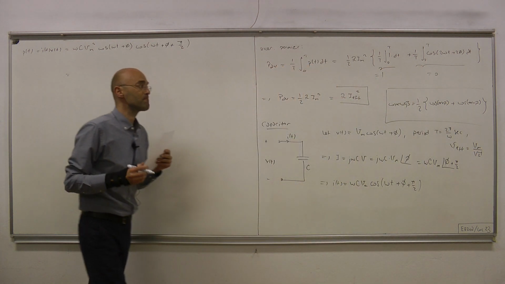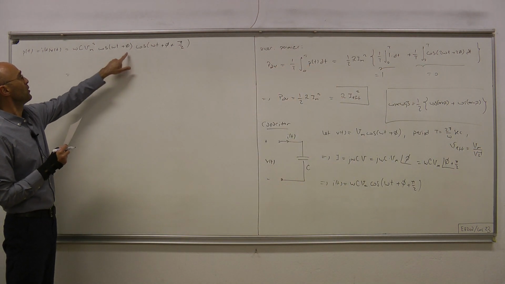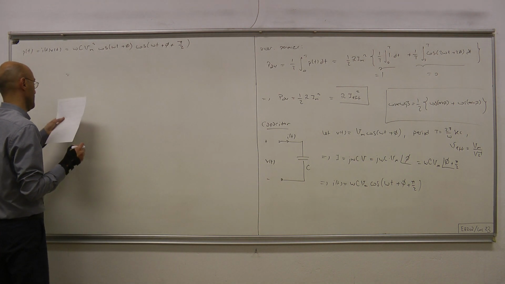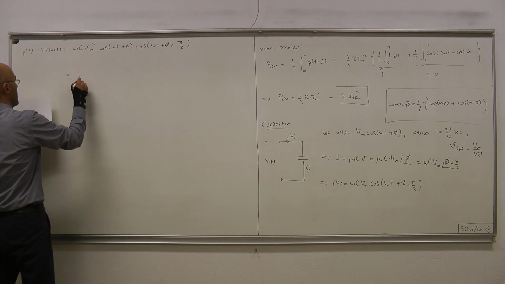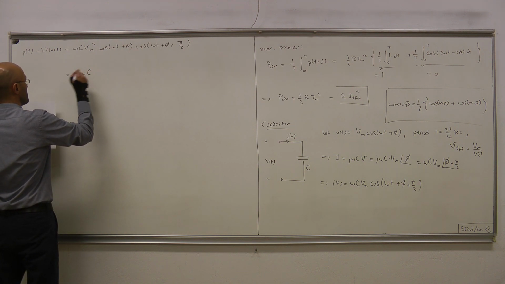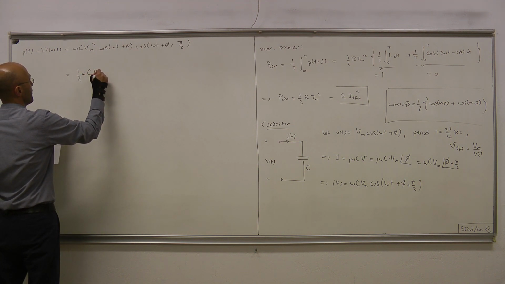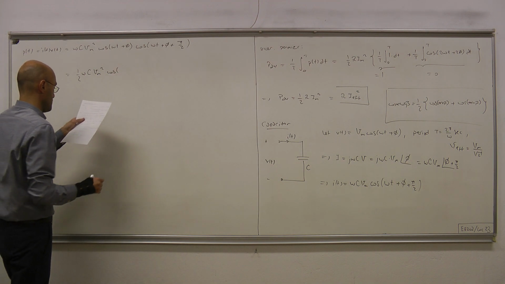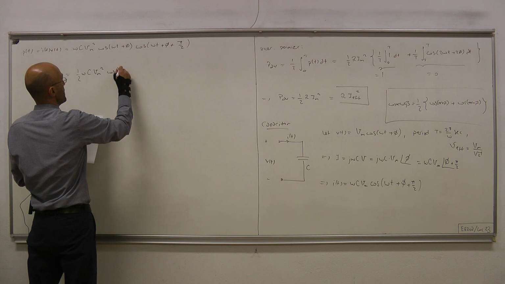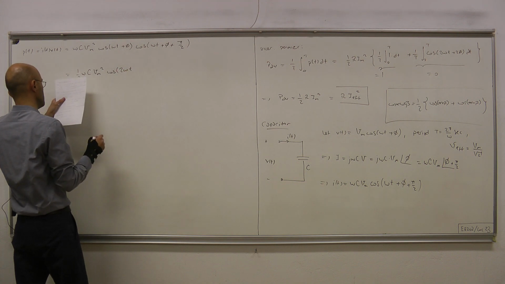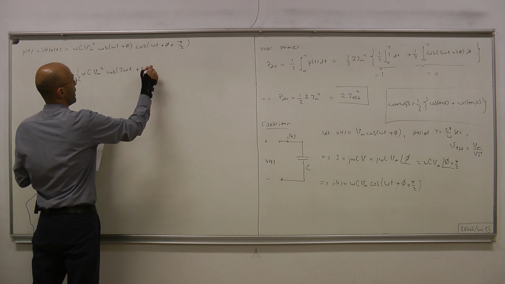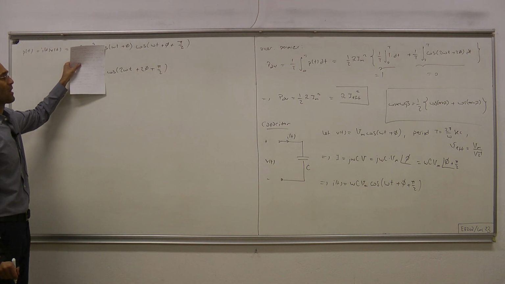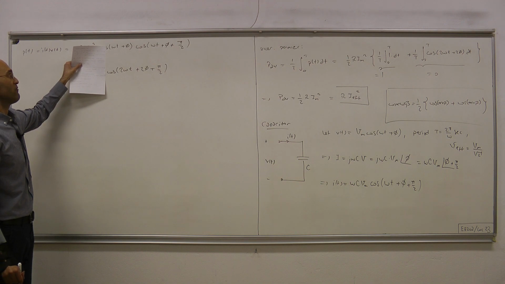Using that identity we can re-express this product of cosines and have 1/2 omega C Vm squared times cosine alpha plus beta, which produces 2 omega t plus 2 phi plus pi over 2, and then plus cosine alpha minus beta.